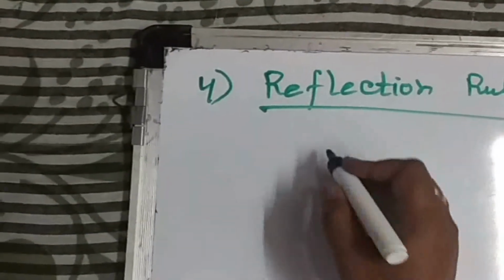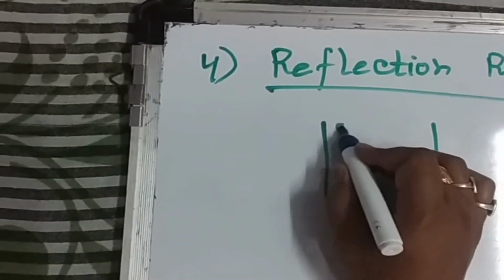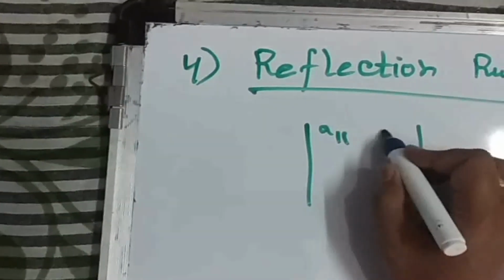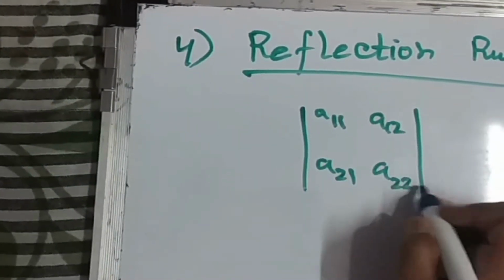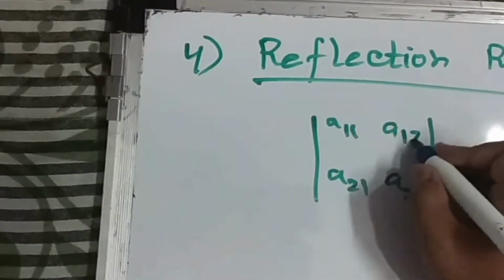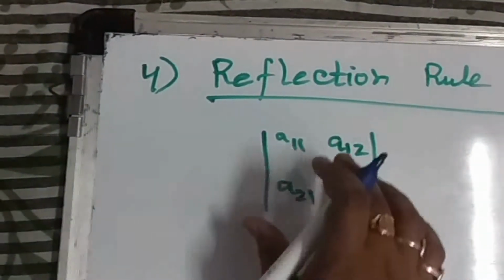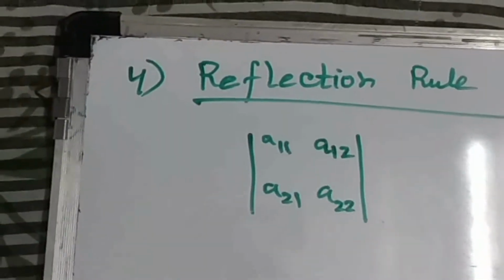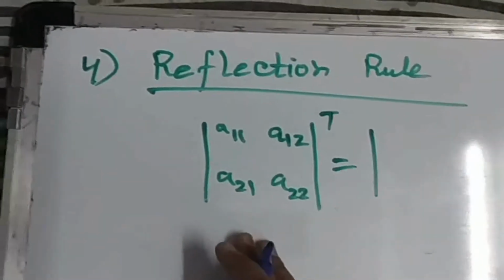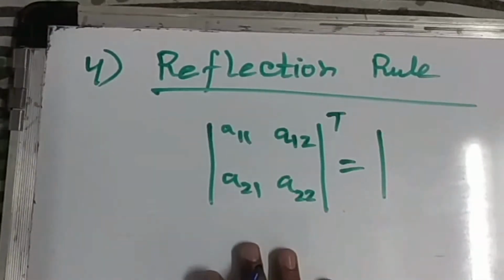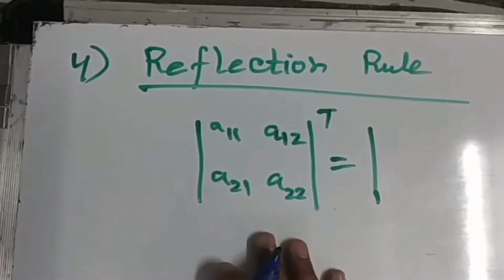Suppose you have written a determinant, say here A11, A12, A21 and A22. I have written according to the position of the element. Now if I am doing transpose of this determinant, as I do transpose of matrix, we can do transpose of determinant also. What we are doing in transpose, all of you know, rows will be changed into columns.